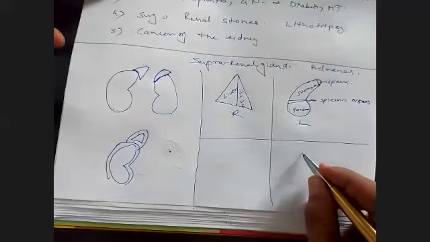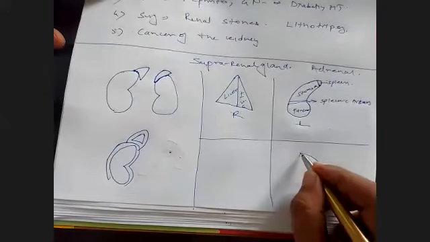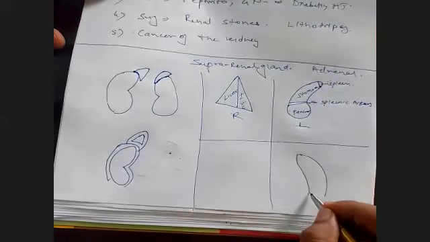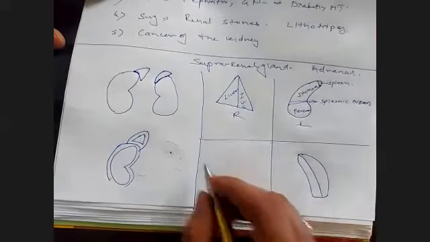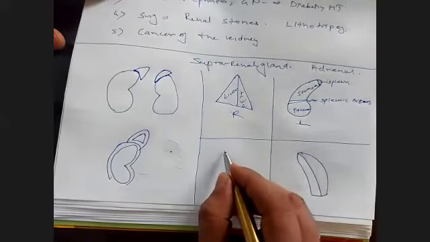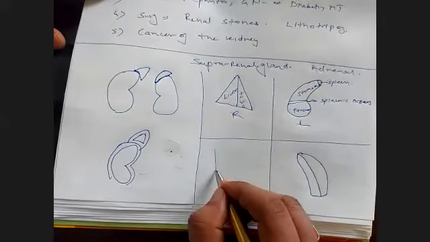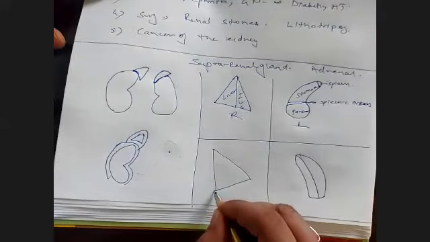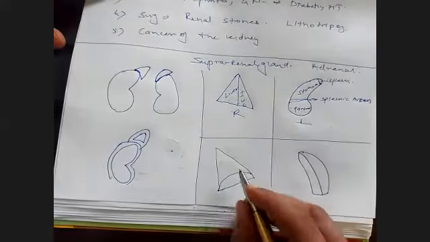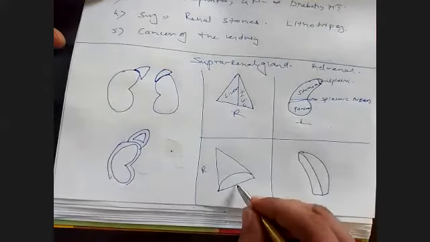These are the four diagrams. So let us talk about the posterior relations. Posterior relations are the same for both the right and the left. Posteriorly it is related to only two structures, and that is the diaphragm and the kidney. On the right side, this area is related to kidney.